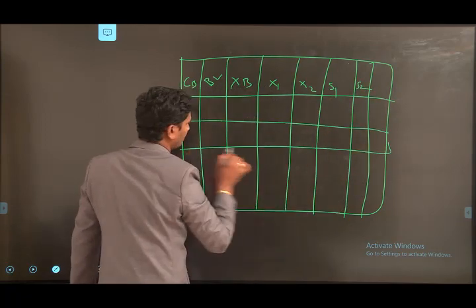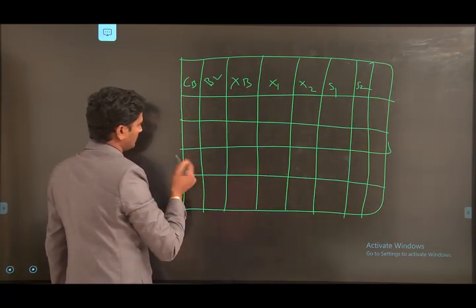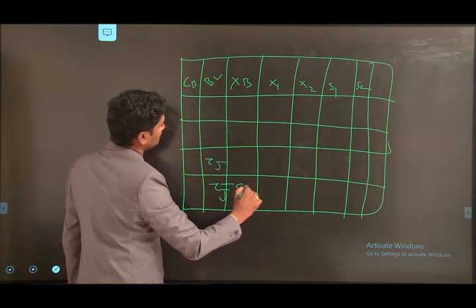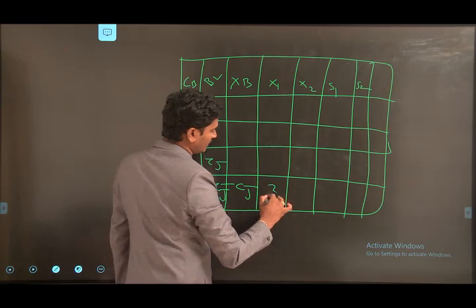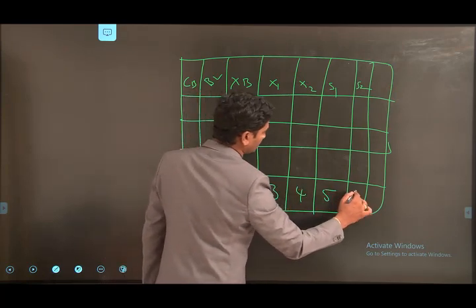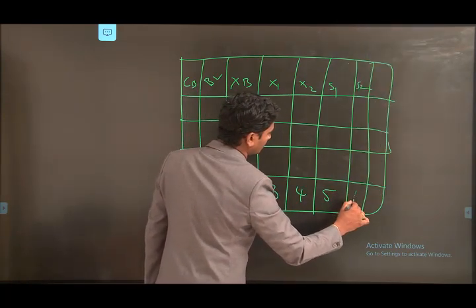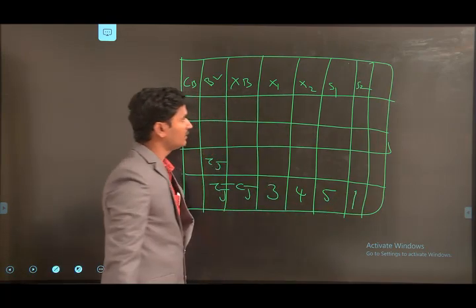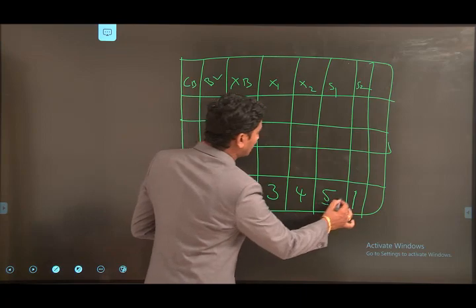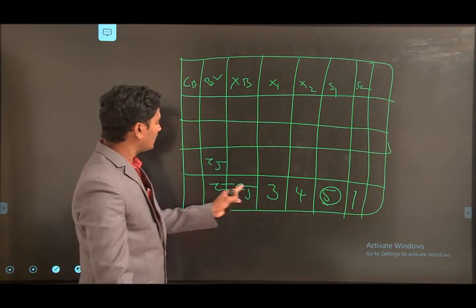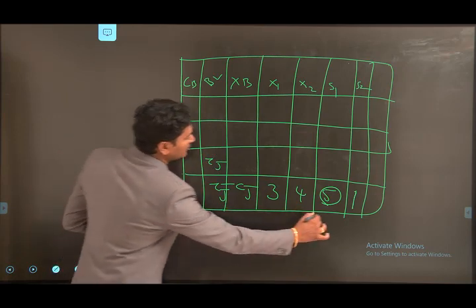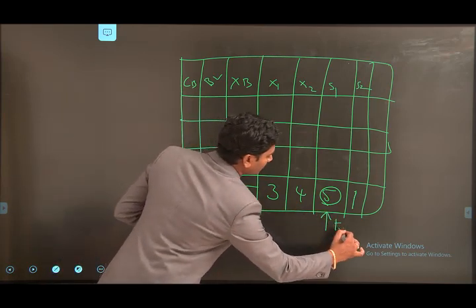If we take Zj minus Cj, here we have 3, 4, 5, 1, like this. Here we have a clear value at Zj minus Cj. There is no tie. From this we choose this as the key column.